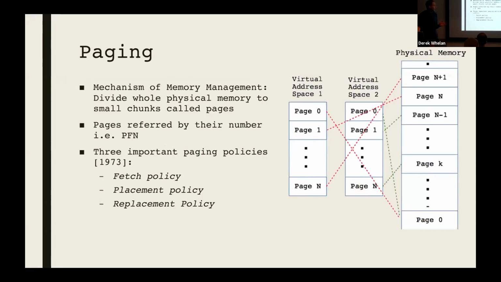The first important change in virtual memory management, still in the 70s, was the introduction of paging. I think this is a really basic concept for everyone, but briefly, we divide the whole physical memory into pages. Every page has its own number. Different virtual address spaces, different processes, can point to different pages. So for example, we can easily share memory. A page is shared between those virtual processes.